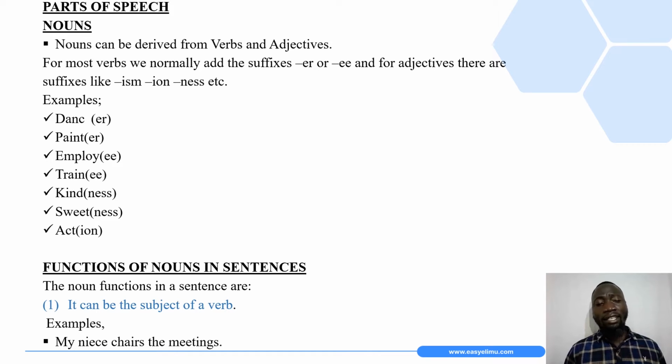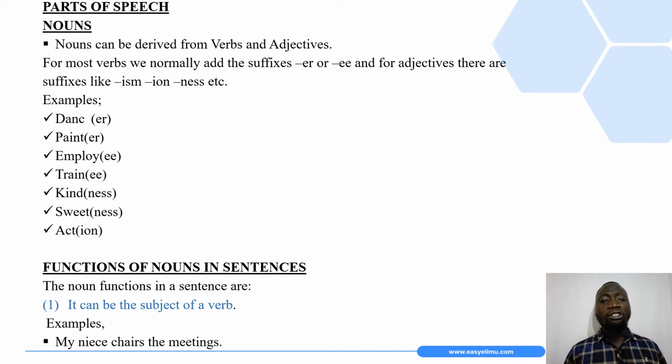Back in Form 3, we learned about noun derivation, that is the formation of nouns. And what we learned is that nouns can be formed or derived from verbs and adjectives. There are even cases where we form nouns from other nouns.